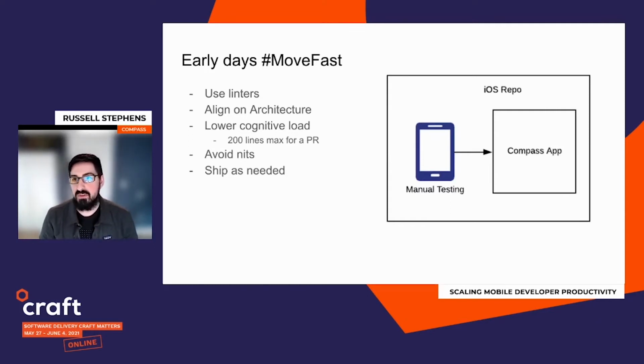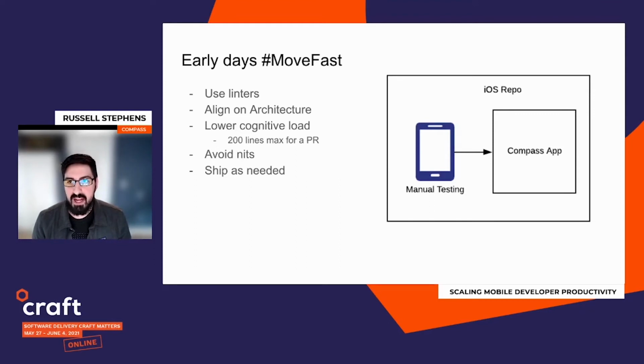So in the past, we've actually set an upper limit of maybe 200 lines for a PR. And this way, over time, you're just kind of layering in all the changes and they're going in very quickly with minimal amounts of conflict or questions being asked, because the team should be avoiding nitpicking and shipping as needed.